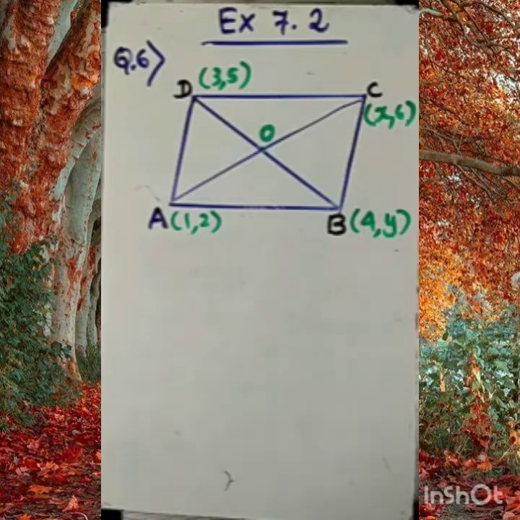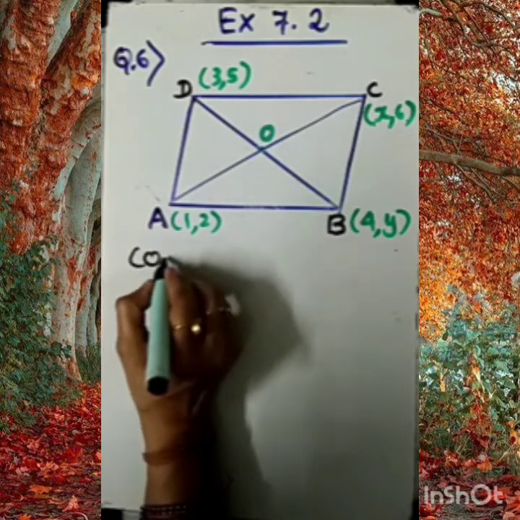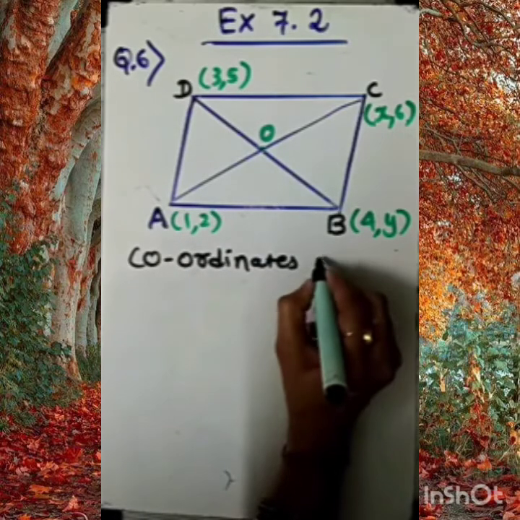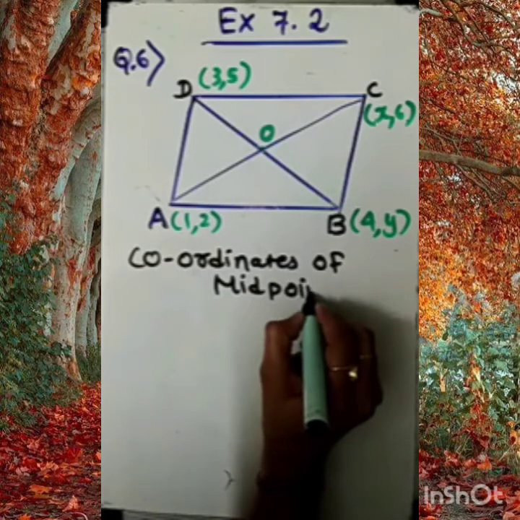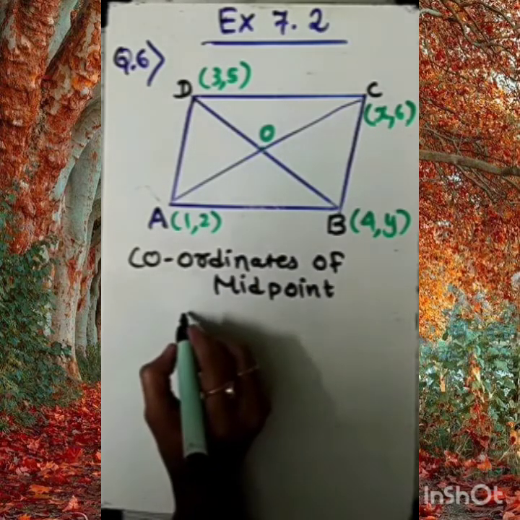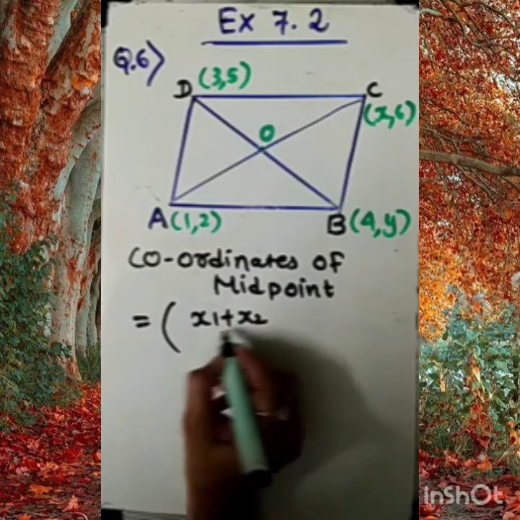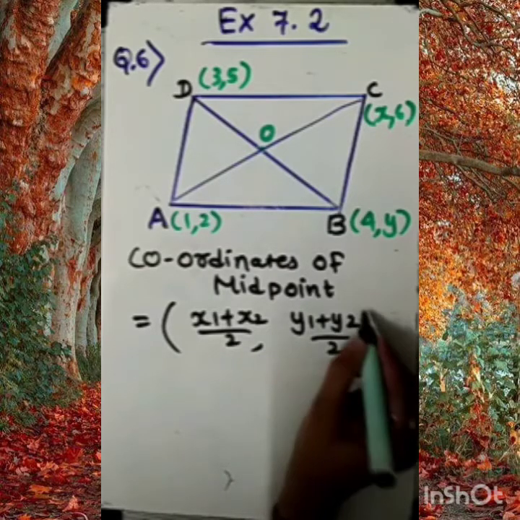Dear students, we know the formula for finding the coordinates of a midpoint. It's a general formula we know very well: x1 plus x2 divided by 2, comma, y1 plus y2 divided by 2. Keep this in your mind.